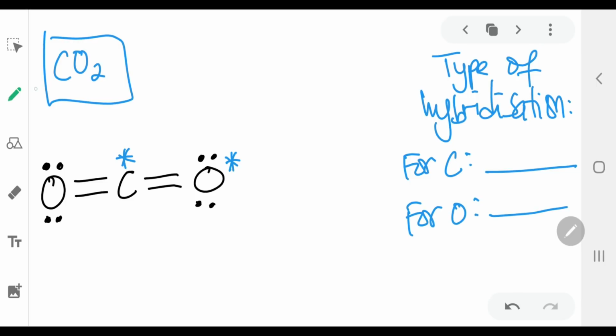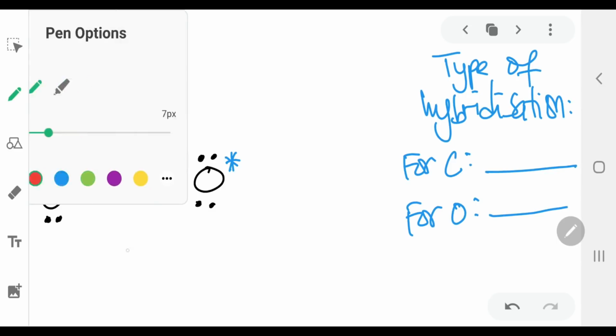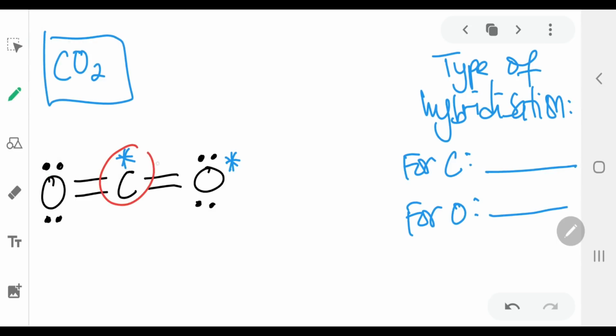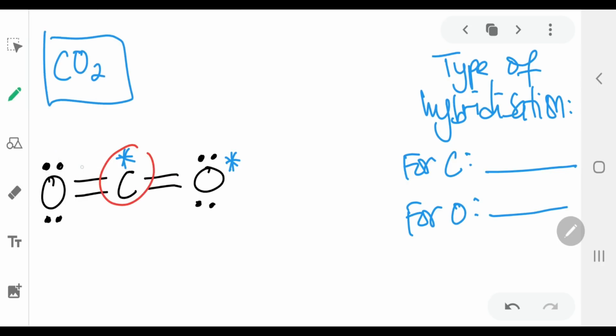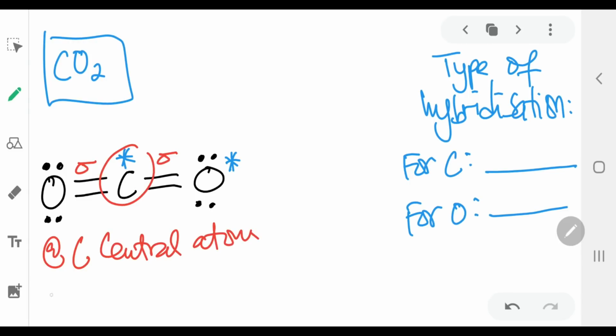So let's have a look at the carbon first. At your carbon, you have 2 sigma bonds at the central atom, and then it has 2 pi bonds.